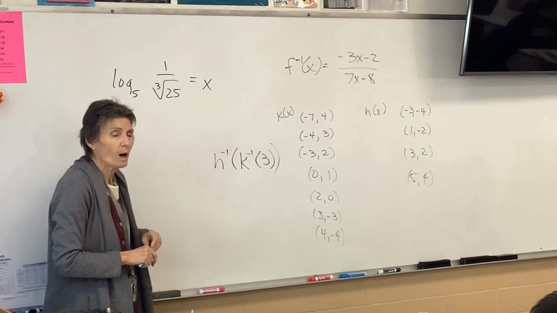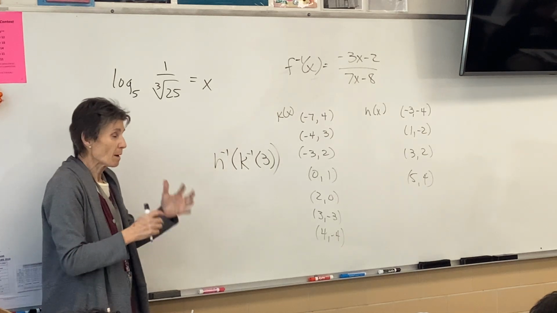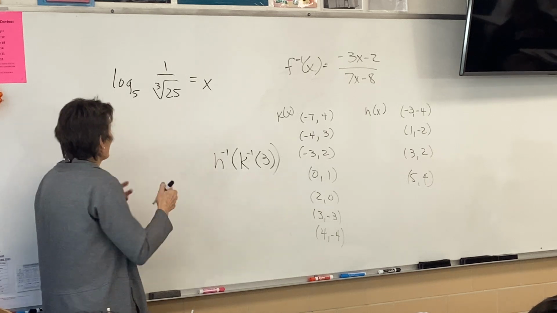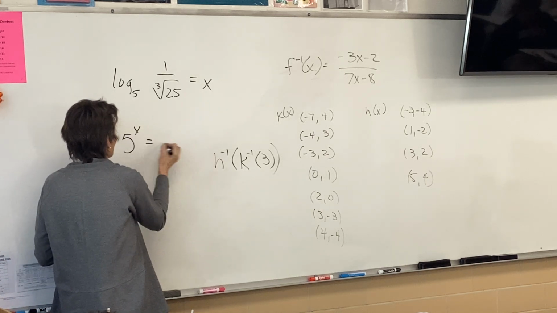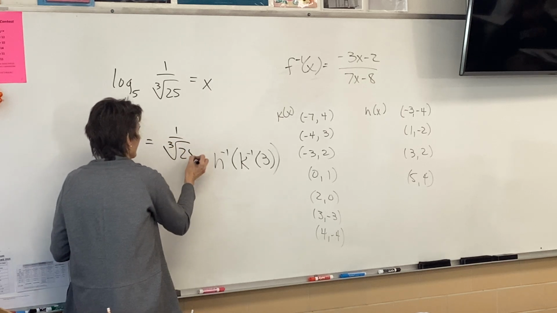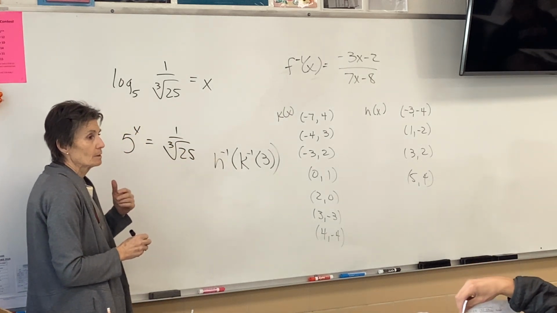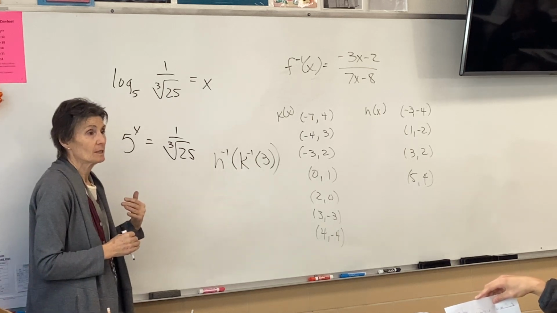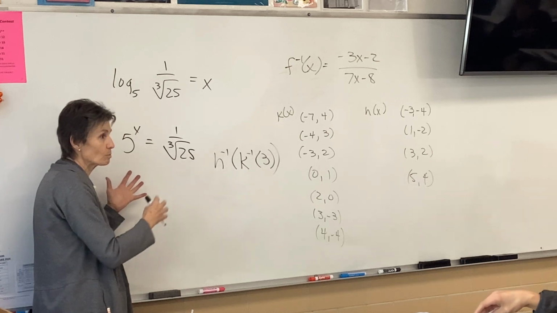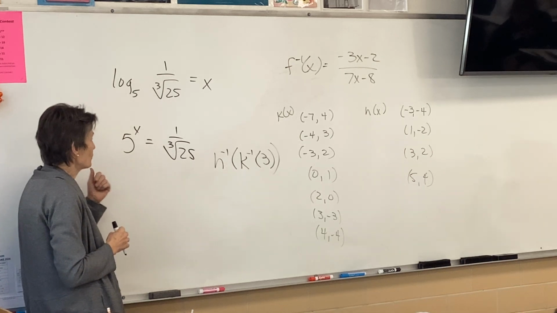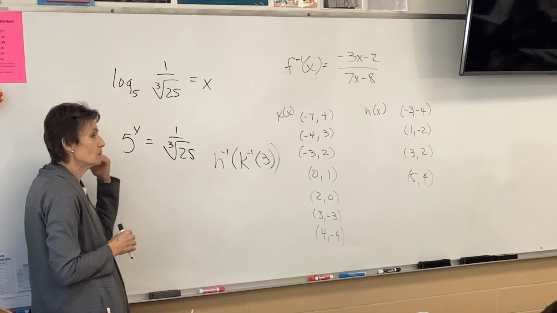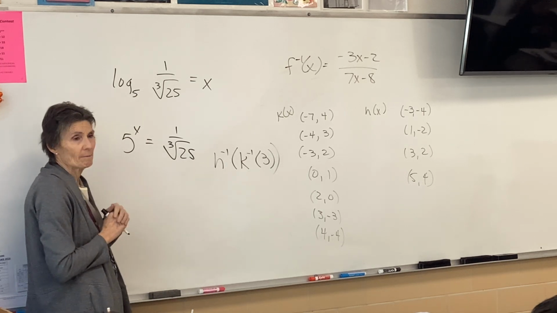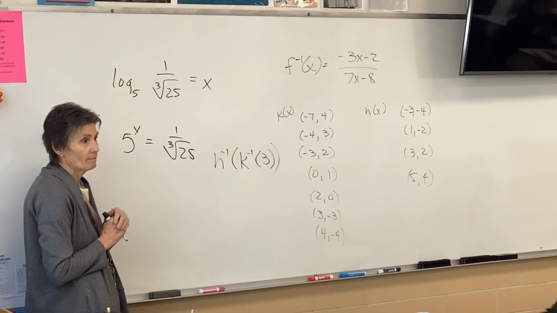Remember, when there's one logarithm, you may not do it every time, but one option is the loop-de-loop. So 5 to the x equals 1 over the cube root of 25, right? Now, this was no calculator, so you're not going to log both sides, which would be something you could do. The only thing you can do is get a common base. Looking at that number and that number, I bet my common base is going to be 5.